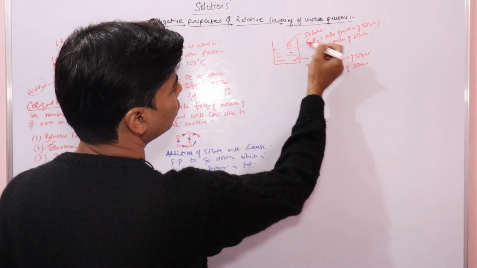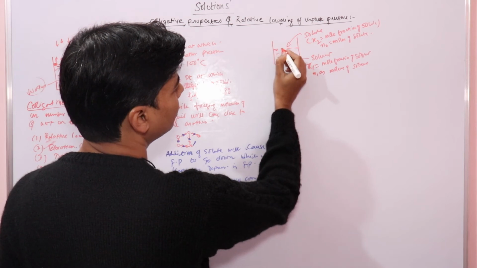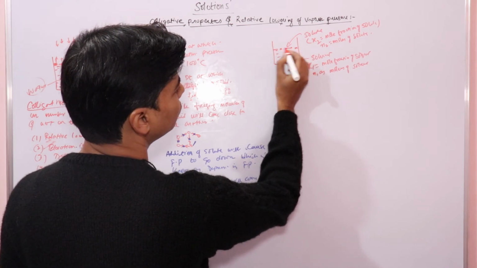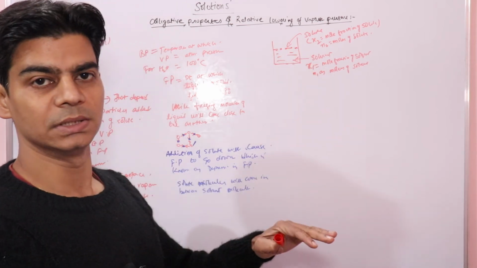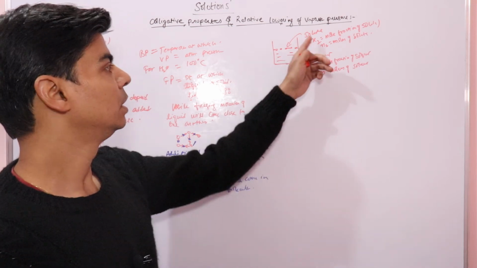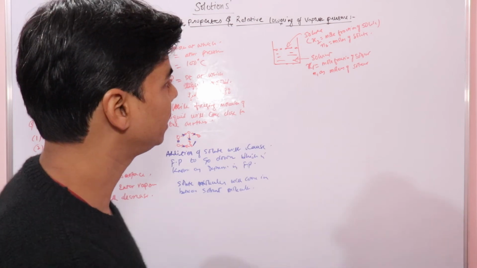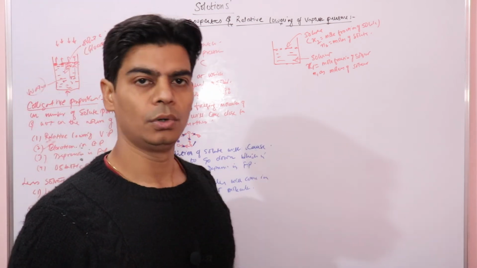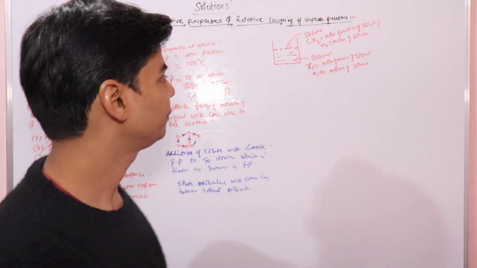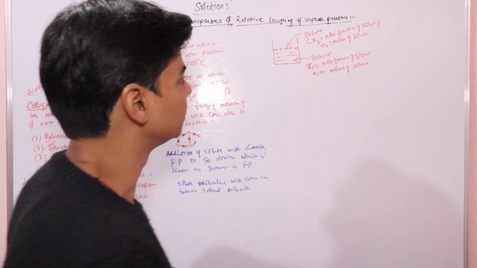So when you add solute to this solvent, some of the solvent molecules at the surface will decrease, because these solvent molecules would be replaced by solute particles. So that will result in lowering of vapor pressure above this solution.